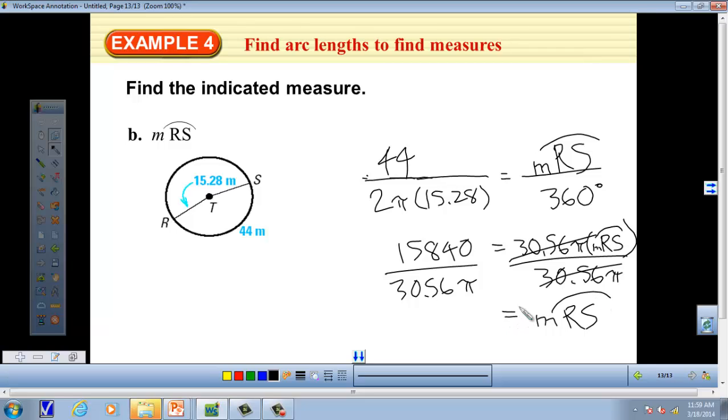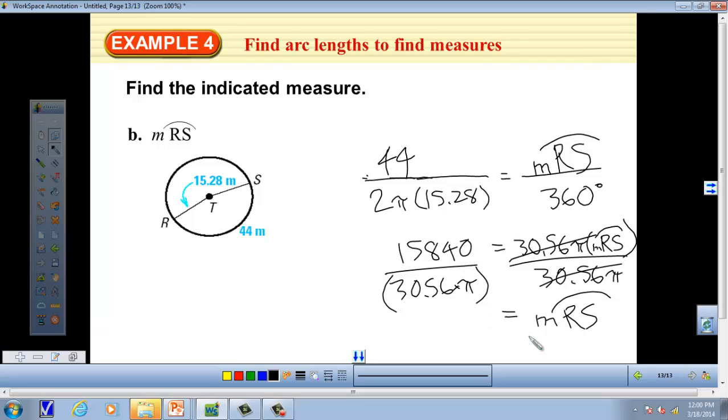And then we just get our calculator out and we start punching it in. Again, I would suggest putting this in parentheses, and remember it's times here. So we would have 15,840 divided by 30.56 times pi.